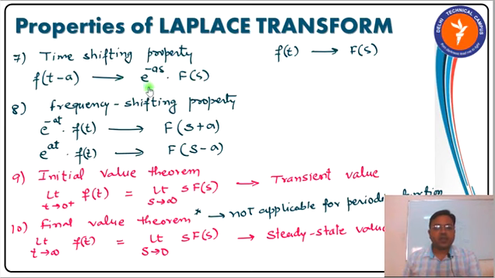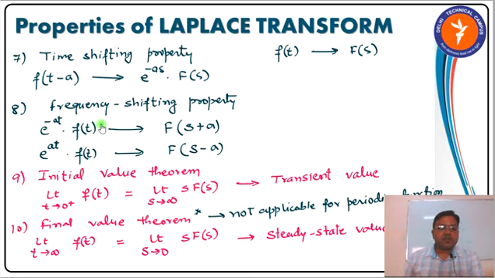In the s domain it will be multiplied with e raised to power minus a s, where minus a is the factor by which the function has been shifted. If it has been delayed, then it will be minus a, and if it is preponed, then it will be plus a here and plus a here. That is, the sign remains the same in the time shifting.